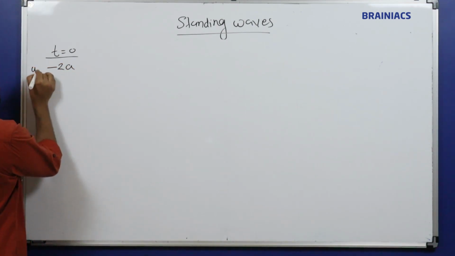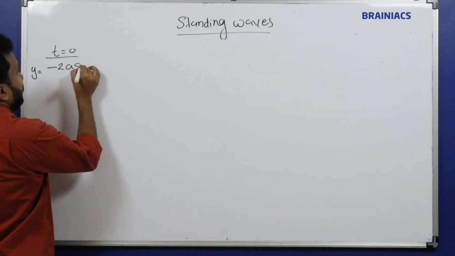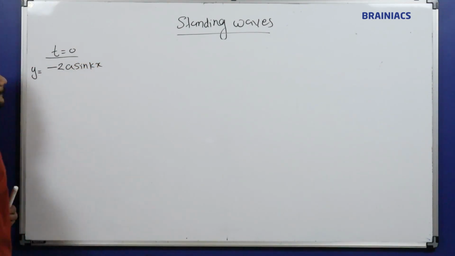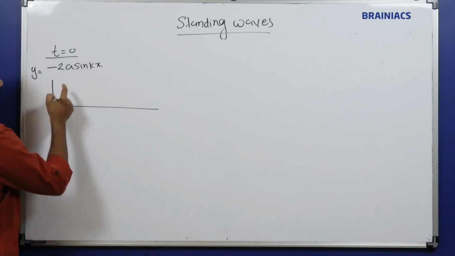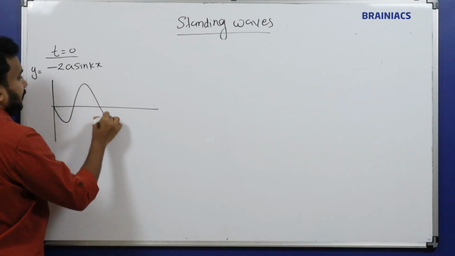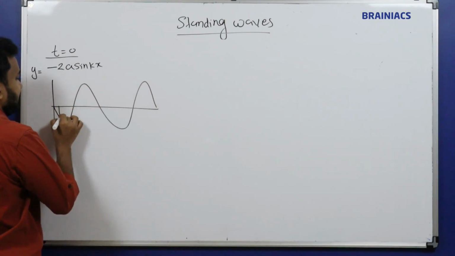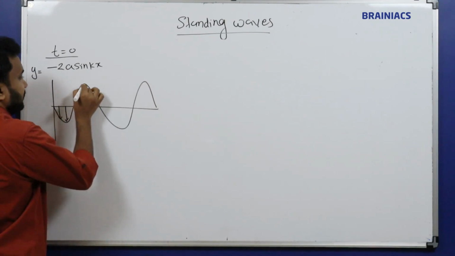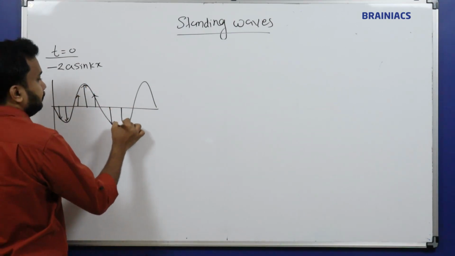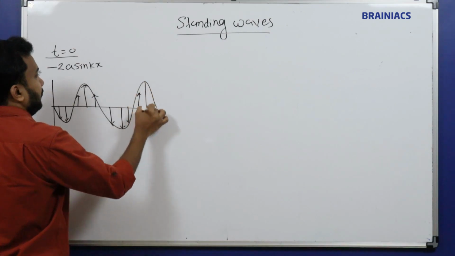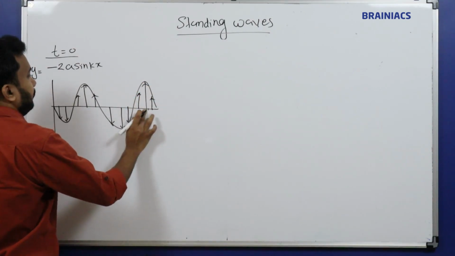The resultant wave y is minus 2a sin kx. If you plot the graph for this, how will you get it? The wave starts like this, first minus. This is the vibration of the particle. This is plotting, and so on.